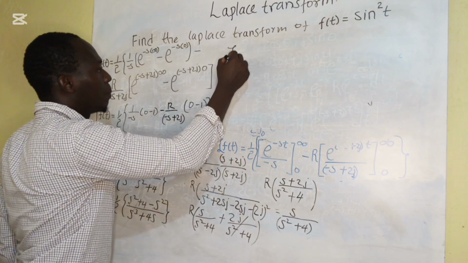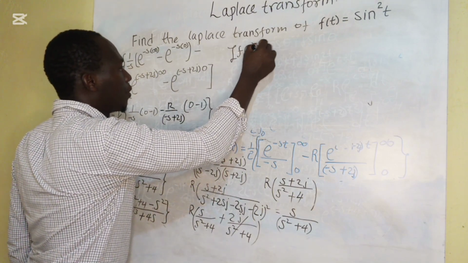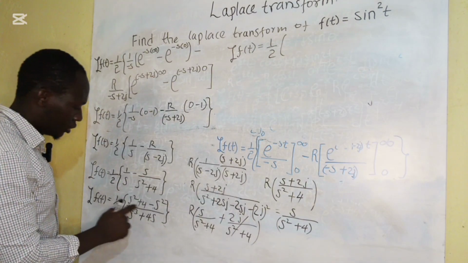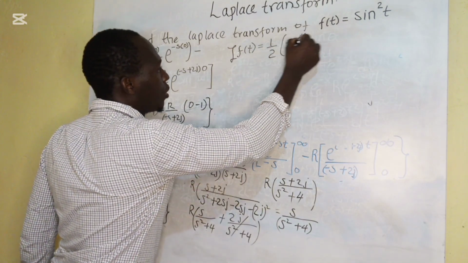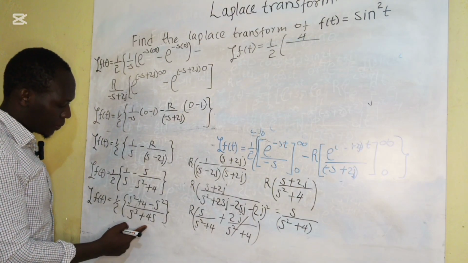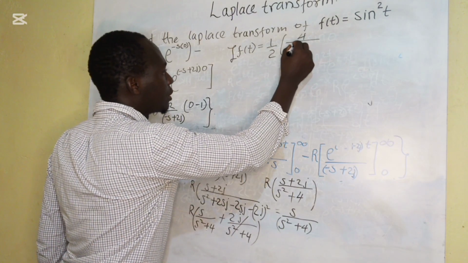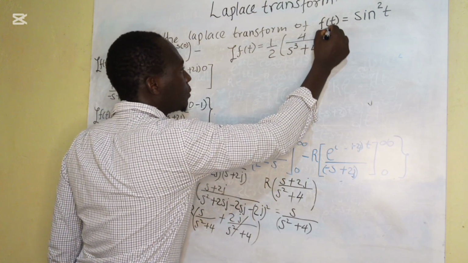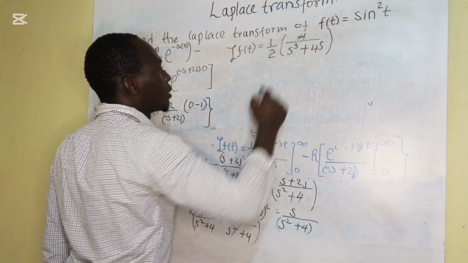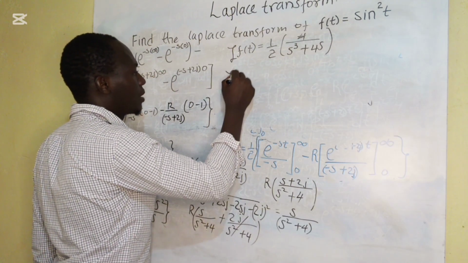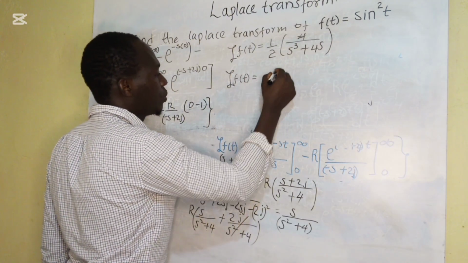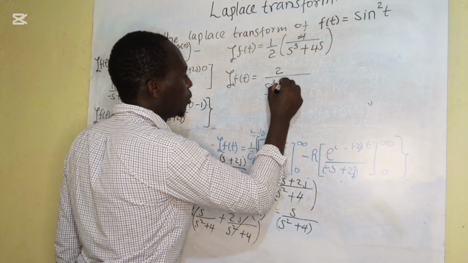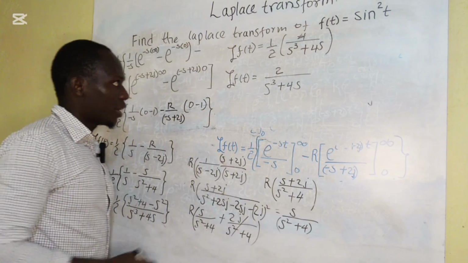We are going to have the Laplace transform of our function f of t is equal to a half into 4 all over. On the denominator, we are going to have s cubed, we add 4s. These two will cancel out with that, and we are going to have the Laplace transform of our function f of t is equal to 2 all over s cubed, we add 4s.